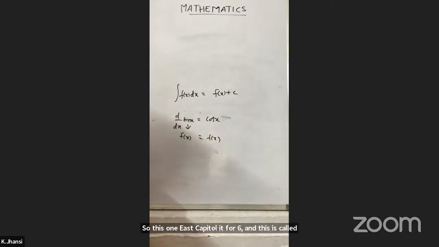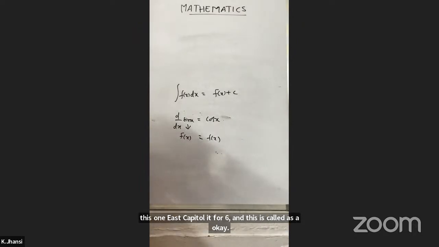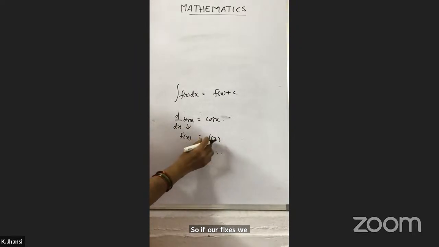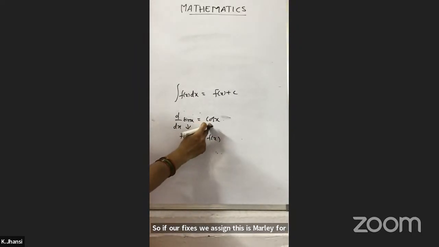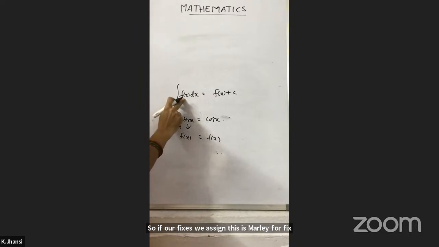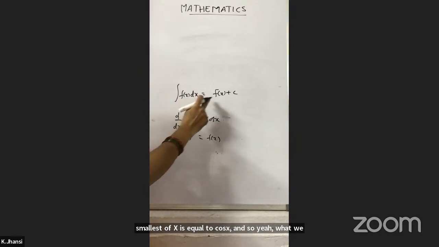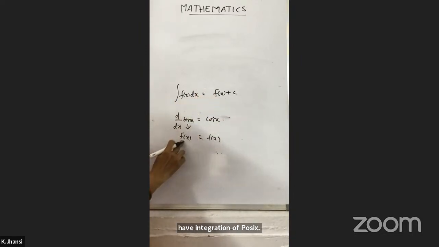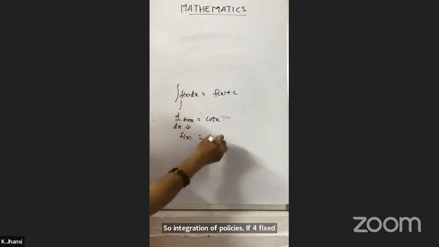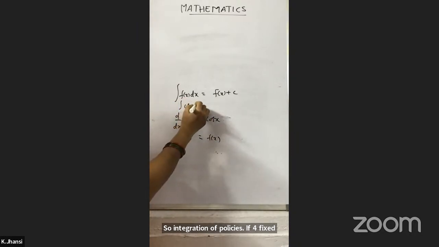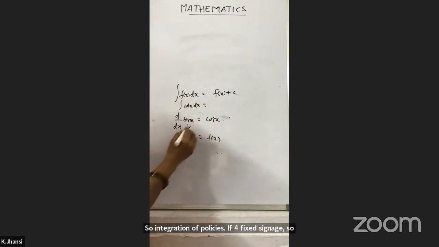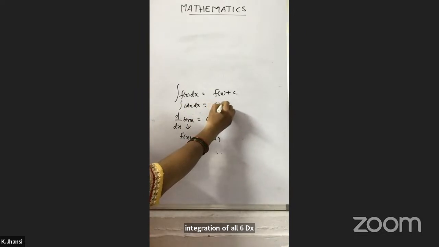So small f of x is cos x, and capital F of x is sin x. So here what we have, integration of cos x. So integration of cos x dx is equal to sin x.